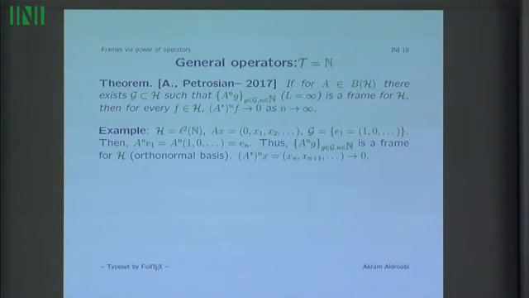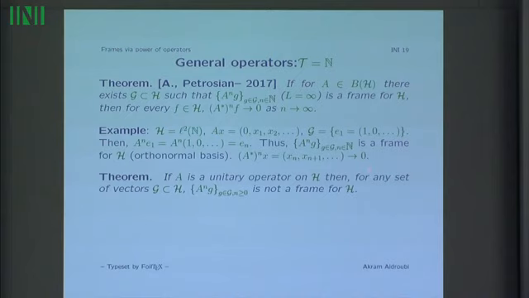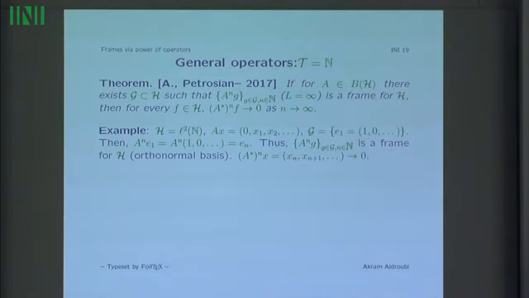But you can see also how this A star n is simply the shift this way. If we take n to be large, then we have this sequence x that starts from x_n and goes this way. And x is in L2, so we can see that A star n f goes to 0 as n goes to infinity. Okay, so this is just an illustration.